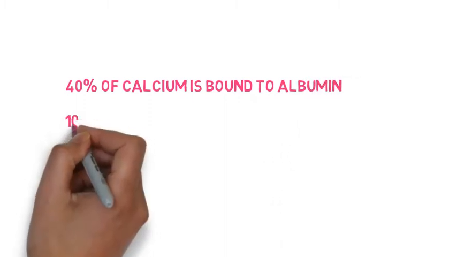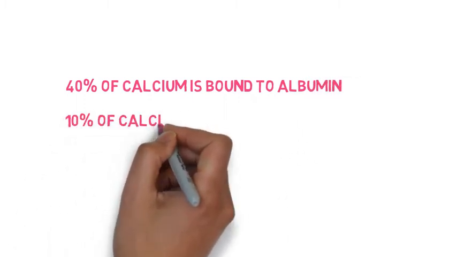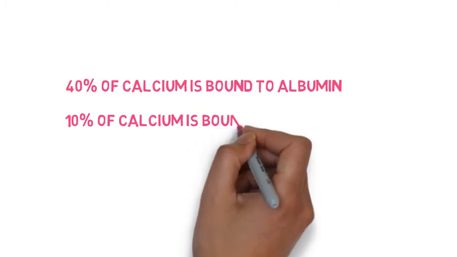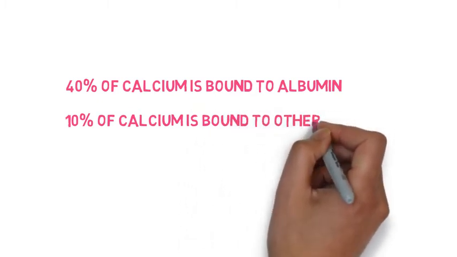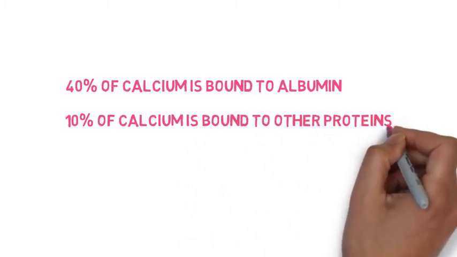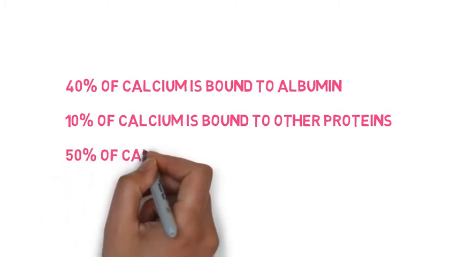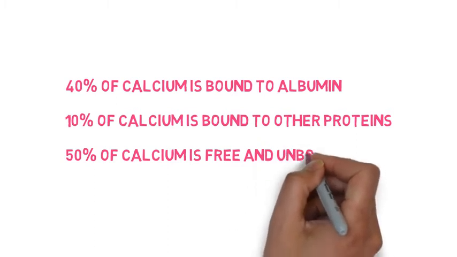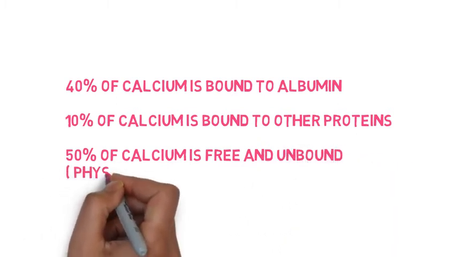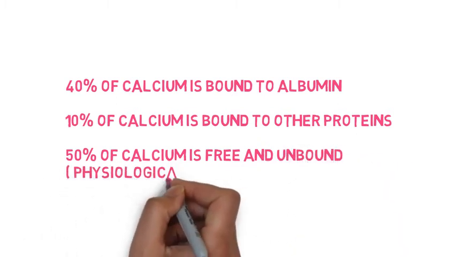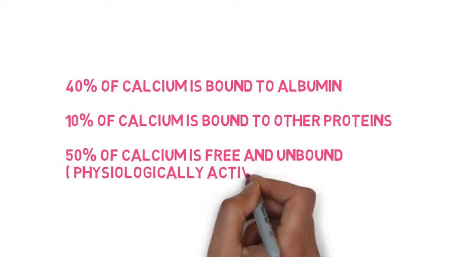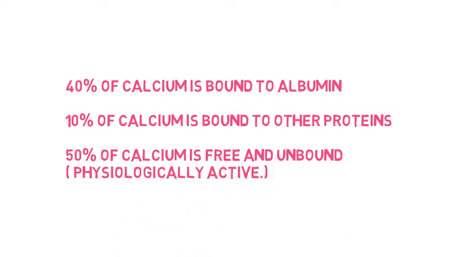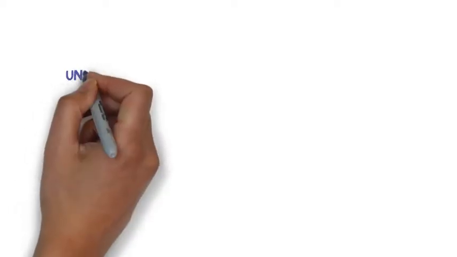Well, calcium can be bound to proteins, principally albumin, and 40% of calcium in the blood is bound to albumin, and 10% to other proteins, and 50% is free ionized calcium. And this is the calcium that can be physiologically active and can be influenced by a calcium regulation hormone.